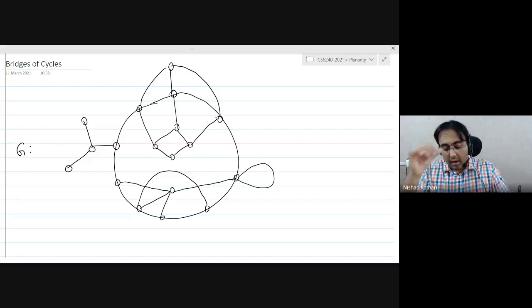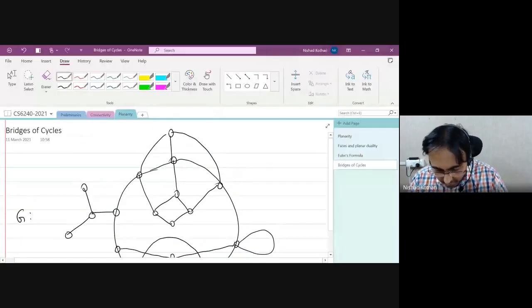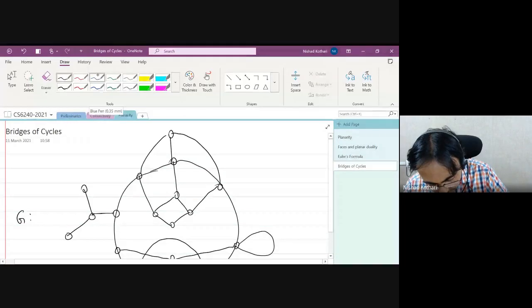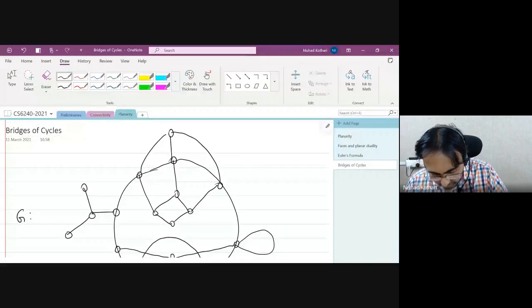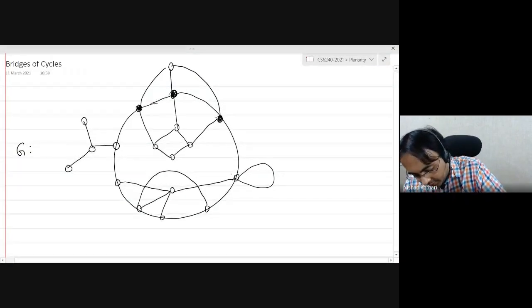What you have is a graph, and you have this cycle. Let me color the vertices of the cycle so that you can see the cycle. It's the first cycle I drew.